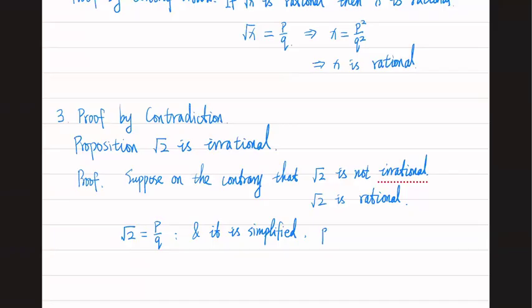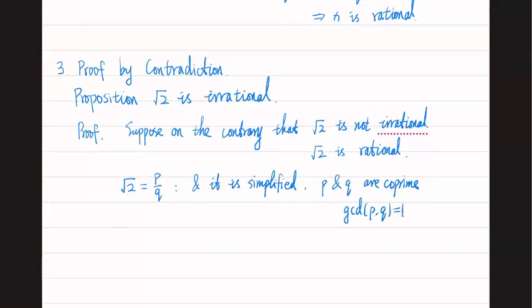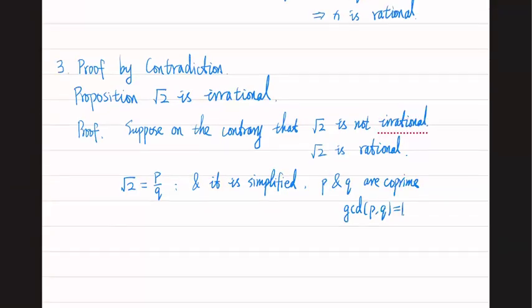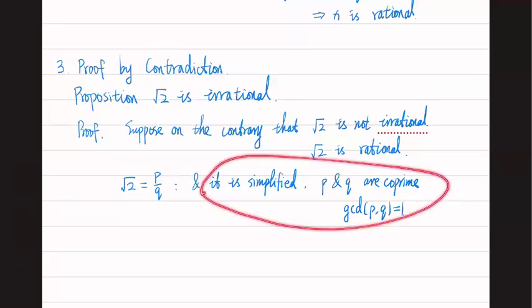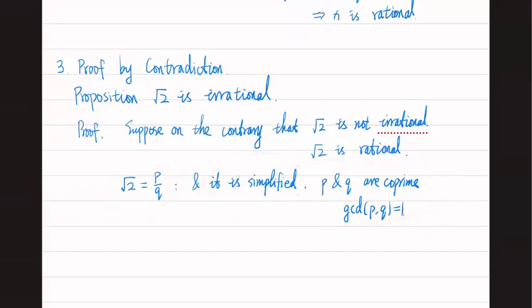The P and the Q are co-prime, which is the same as the greatest common divisor being 1. Initially, we may ask, why do we make this extra assumption? Later, we will see this is where we get the contradiction. We get it not with this, but with its being simplified. This is where the contradiction happens.